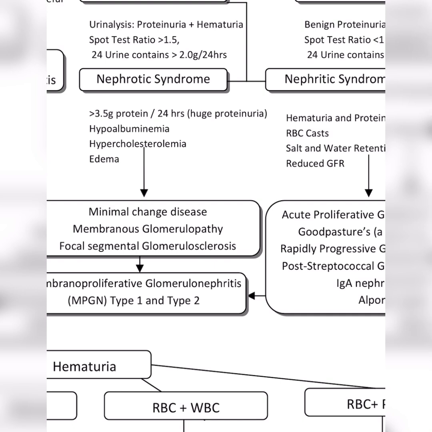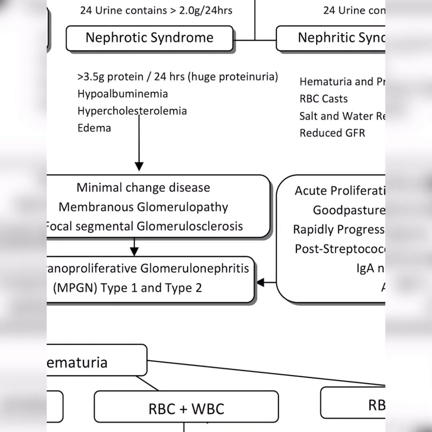So glomerular disease will be further divided into nephrotic and nephritic syndrome. How to differentiate between nephrotic and nephritic syndrome? In case of nephrotic syndrome, there will be huge proteinuria, approximately more than 3.5 grams of protein per 24 hours, hypoalbuminemia, hypercholesterolemia, and edema because of loss of protein into the urine.